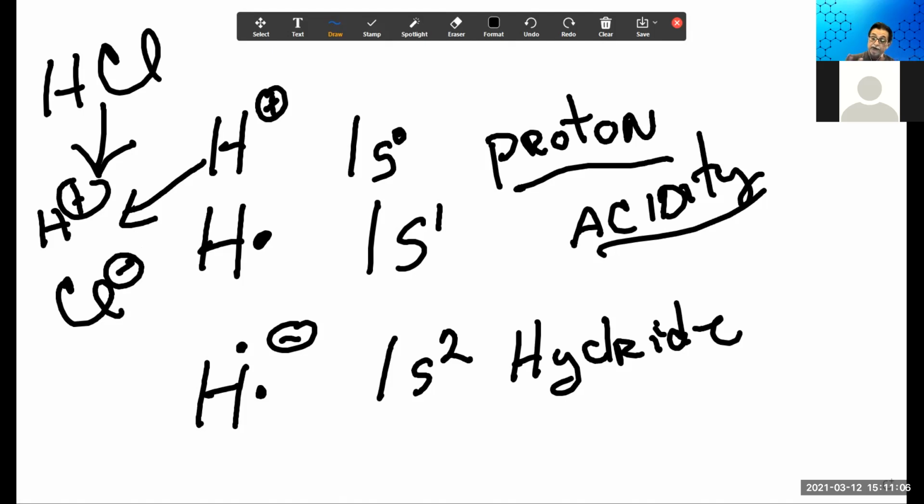So it dissociates just like ionic compounds to form ions, even though it's a covalent compound. So the proton is what defines an acid. Anything that produces a proton in solution is considered an acid. We'll have more about that in a second.